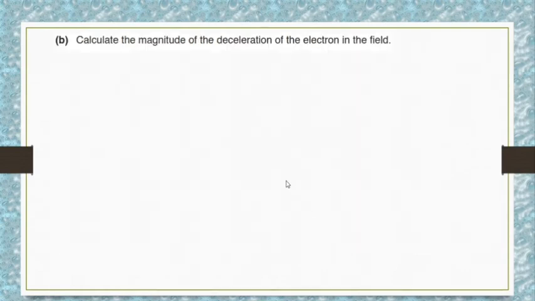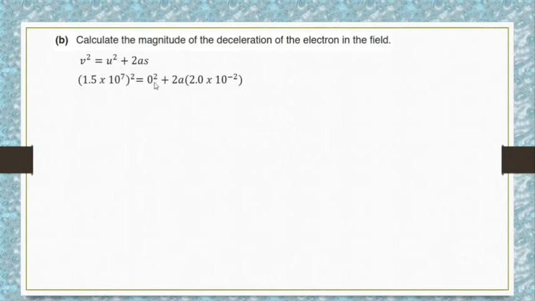Next, calculate the magnitude of the deceleration of the electron in the field. We know that it will experience a deceleration because the force is in opposite direction to the direction of the field. And we can use this equation, v squared equals u squared plus 2as. V is given, 1.5 times 10 to the 7.